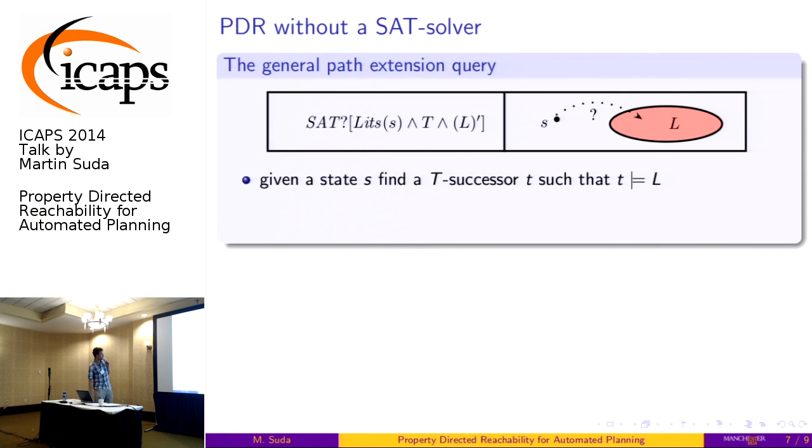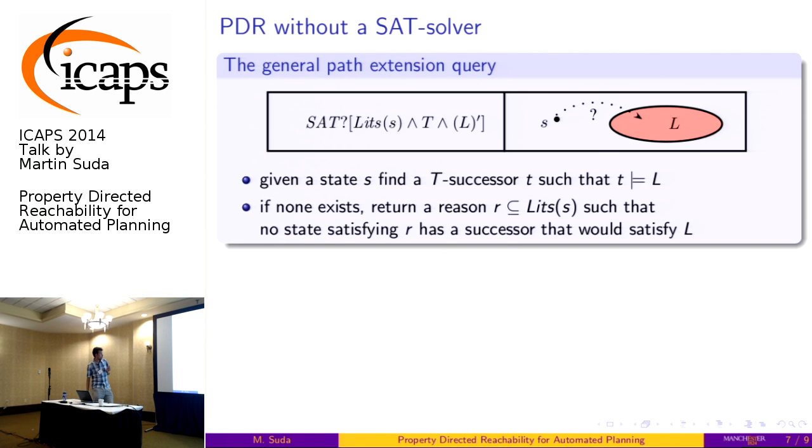Before I return to the picture to explain it in more detail, let me say precisely what it means. The basic operation, how the path is being constructed, is that I find a successor state which satisfies some set of propositional clauses, and in the SAT solver, in the propositional language, you can express it like this.